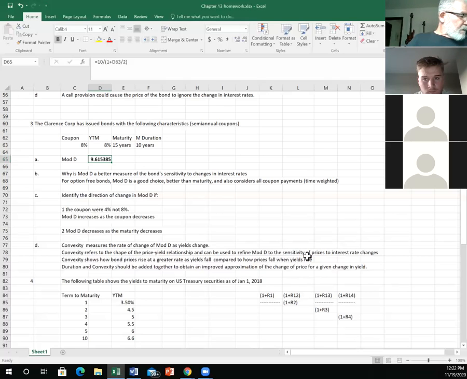D, define convexity. Explain how modified duration and convexity are used. Well, it measures the rate of change of the modified duration.